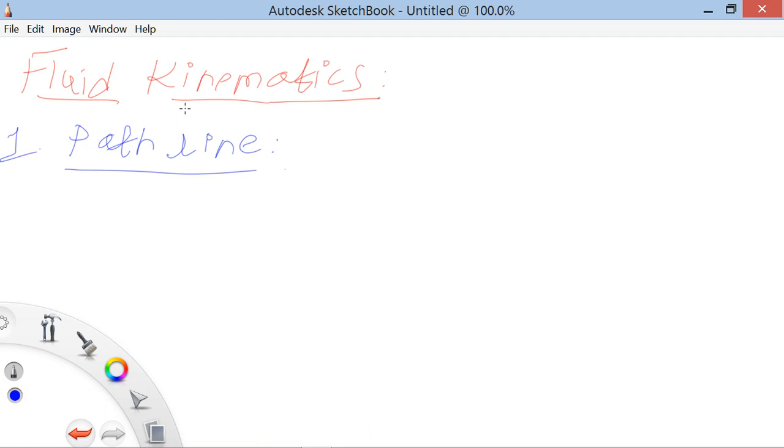The definition is very simple. The actual path traced by the fluid particle over a period of time, that is a path line. It indicates the direction of the velocity of the same fluid particle at successive instants of time.